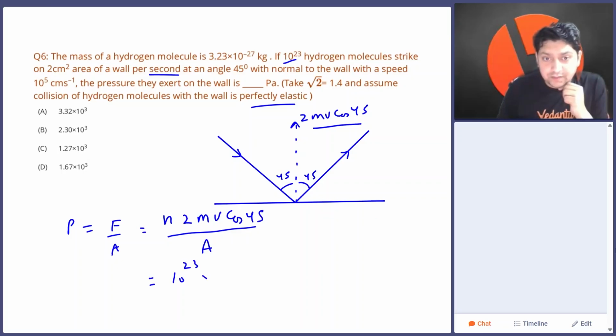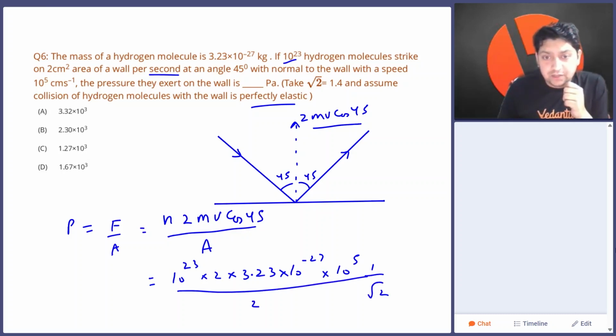N is 10 to the power 23 into 2 into 3.23 into 10 to the power minus 27. The velocity is 10 to the power 5, and cos 45 is 1 by root 2, over area. Area is 2 centimeter square, so it means 10 to the power minus 4.